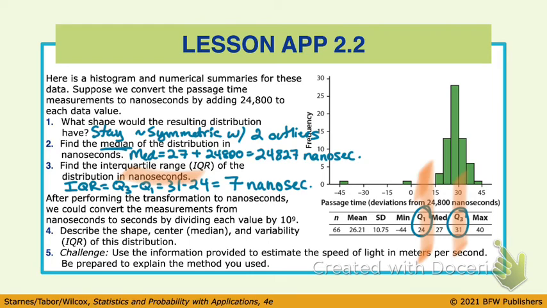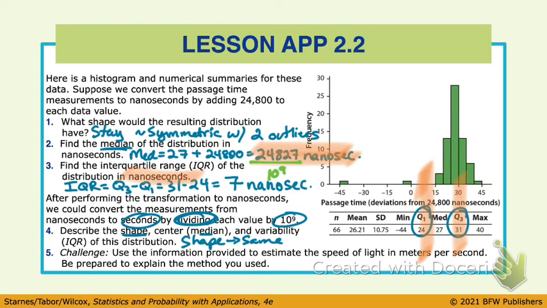All right, so we can now change these nanoseconds to seconds by dividing by 10 to the 9th power, which is a billion. The shape is going to stay the same. Shape, same. The center. So if I take this median that we just found, this median of 24,827, and I want to divide by 10 to the 9th.